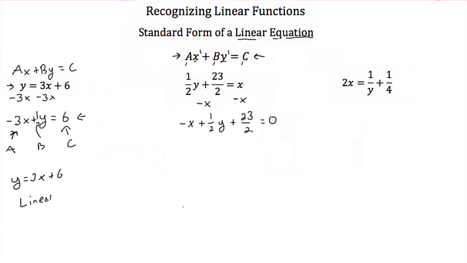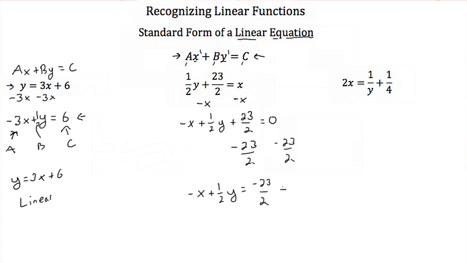Now in the standard form, our constant term, the term without any x's or y's in it, is on the right side of the equal sign. So I'm going to move this 23 halves over by subtracting it from both sides. And we're going to end up with negative x plus 1/2 y is equal to negative 23 halves.